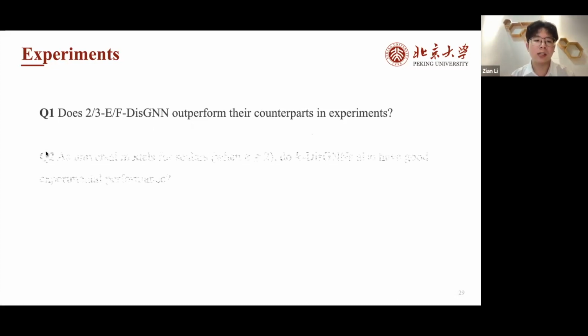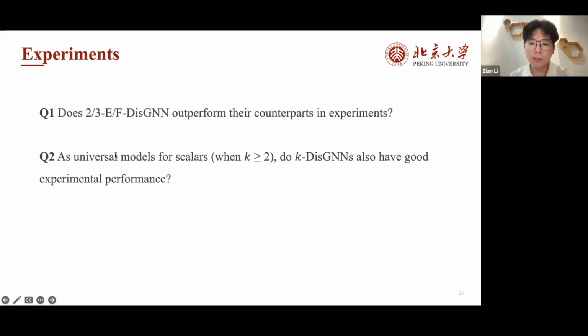The second question is, as universal models for scalars when k is larger than 2, do k-DisGNNs also have very good experimental performance? In this question, we want to compare our models to other models, including SOTA models, and see if they can achieve, for example, the SOTA performance.